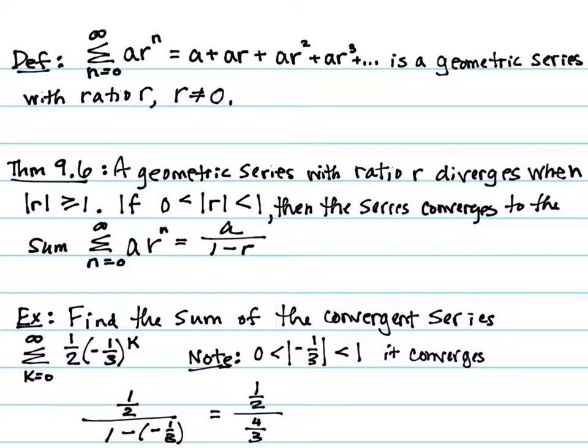What will this simplify to? 3/8. Whoops. The right number in the right place, 3/8. So our series converges, and it has a summation value of 3/8, and we're done.